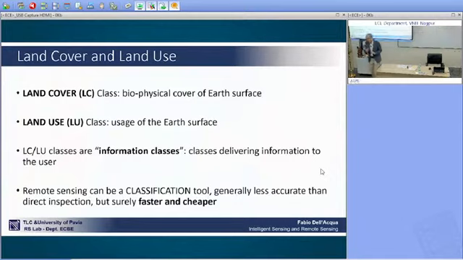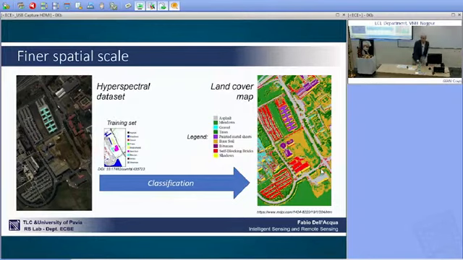But the advantage of remote sensing in this sense is that remote sensing offers you a tool to generate this type of information in a fast and cheap way. So, theoretically, you could visit every single one of these pixels and take note of what the land cover is there.